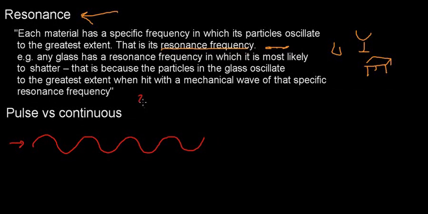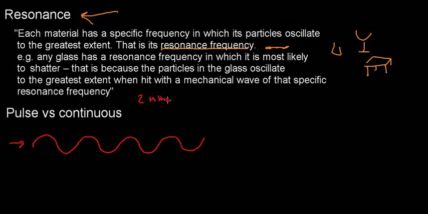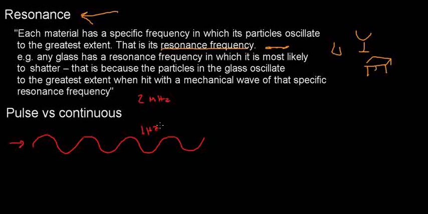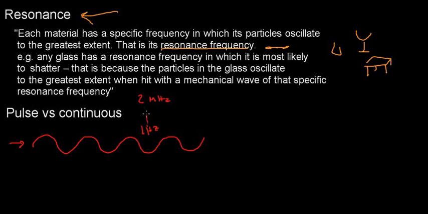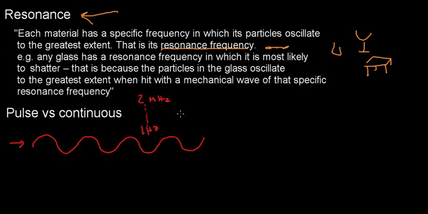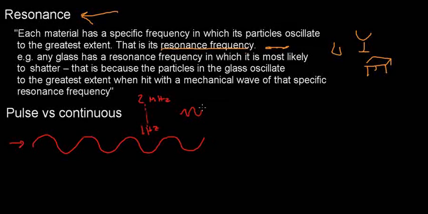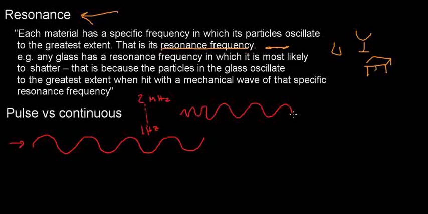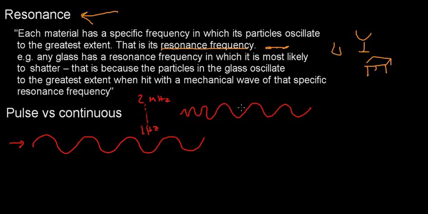Let's just say we set it to 2 megahertz. It's going to start at, let's just say, 1 hertz, and then it's just going to build itself up really, really quickly and reach 2 megahertz and stay there. So essentially, generation of ultrasound is going to look like this. Here, let's say this is where we set it, and this is where it's going to stay. This portion here is the continuous ultrasound.